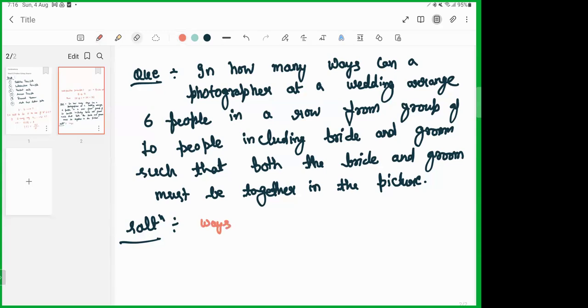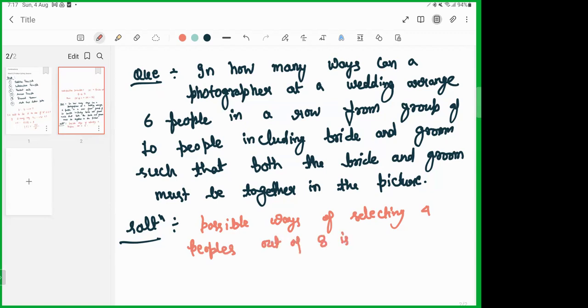So, possible ways of selecting 4 people out of 8 will be 8 choose 4.